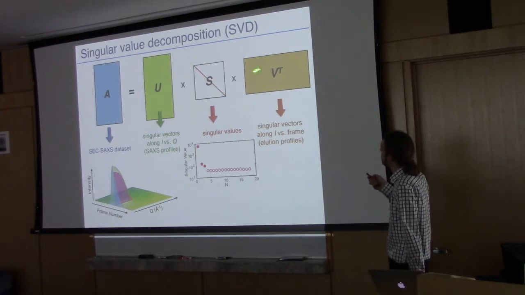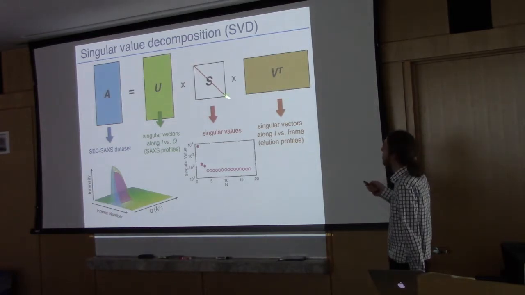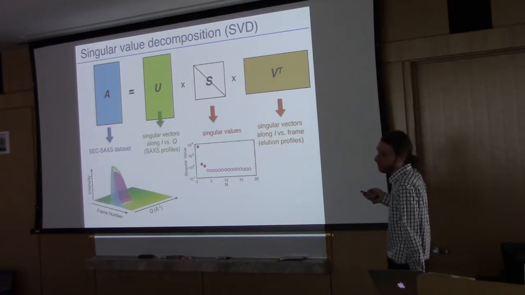The matrix V, the right singular vectors, are a set of dilution profiles. And S is a diagonal matrix of weights that tells you how you need to multiply the dilution profiles by the SAXS profiles in order to reconstruct your original data set.